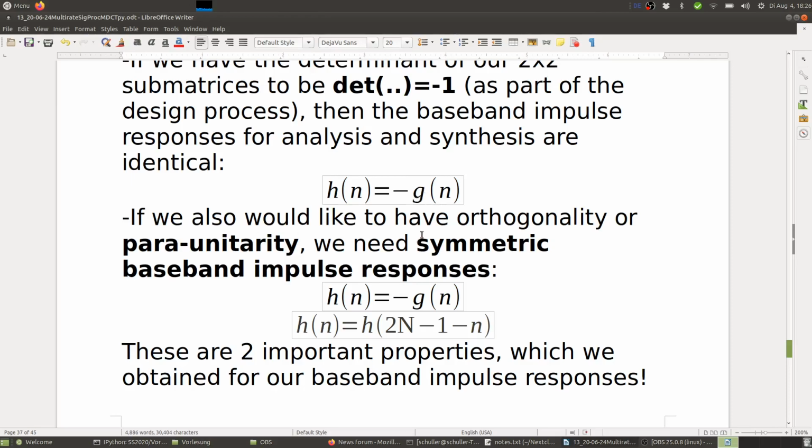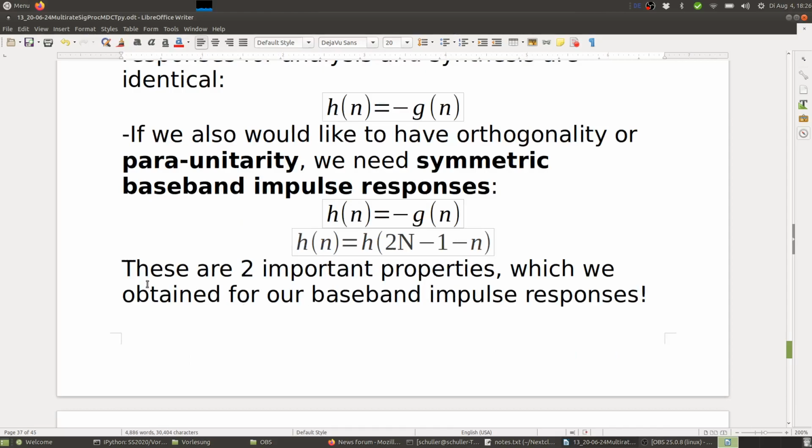If we also would like to have orthogonality or paraunitary, we need symmetric baseband impulse responses. So that means first h of n equals minus g of n and h of n equals h of 2n minus 1 minus n. So then we have those two conditions. These are two important properties which we obtain for our baseband impulse responses.